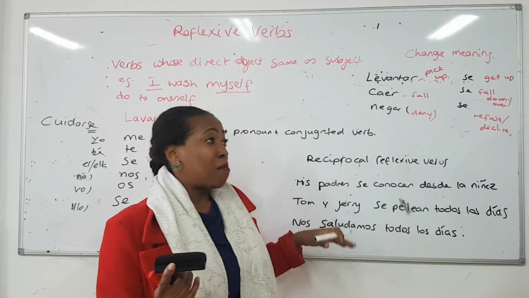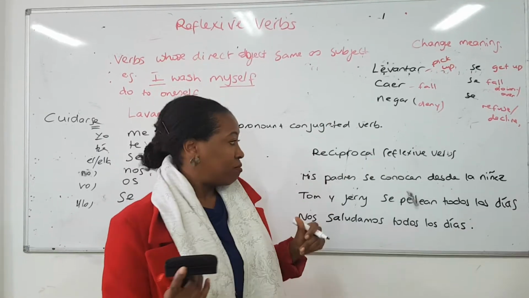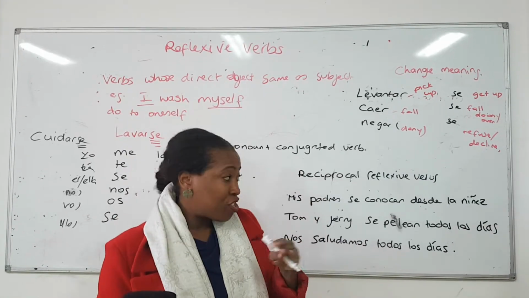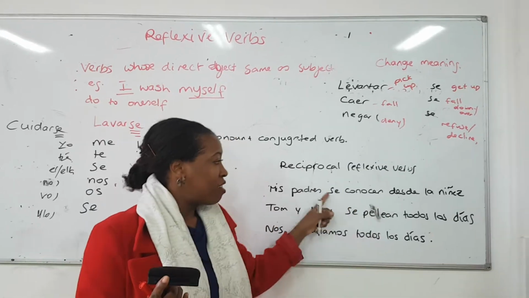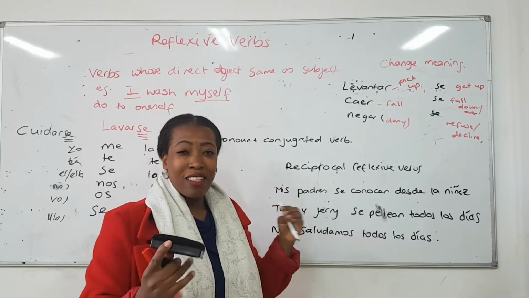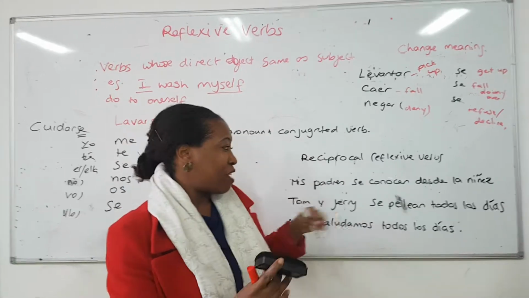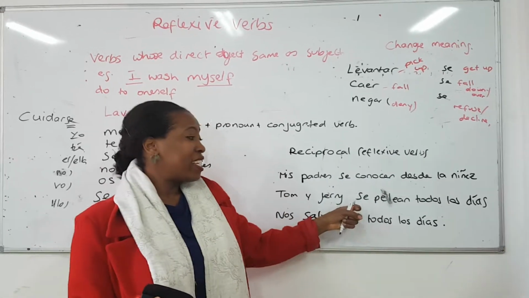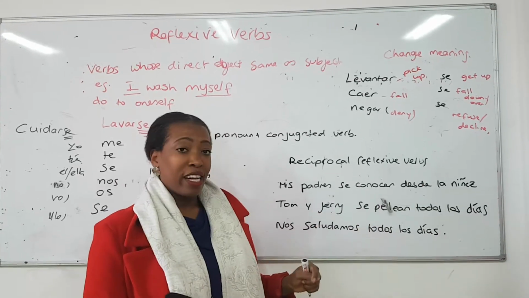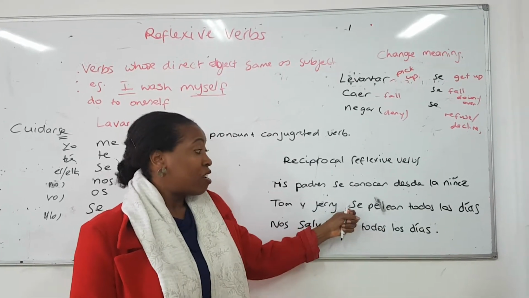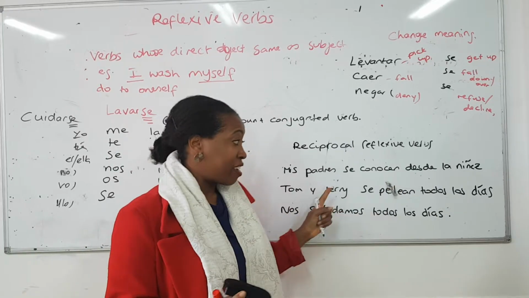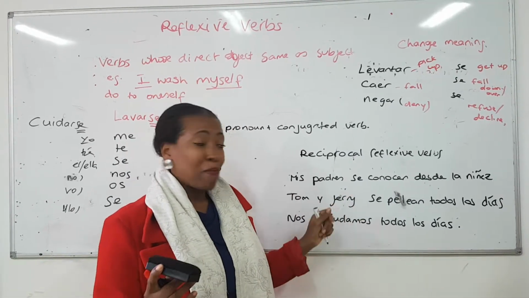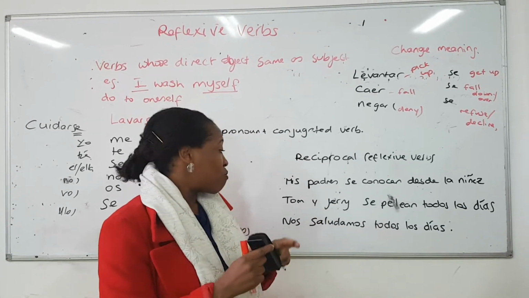It could be Juan y María se conocen. They're receiving it from each other, so they've known each other since. Tom y Jerry se pelean todos los días. Both Tom and Jerry fight each other every day, but we don't need to say each other because the se implies this.